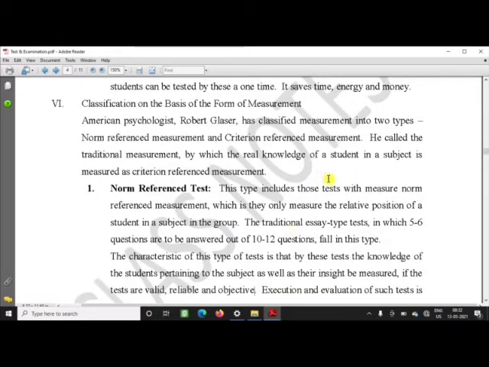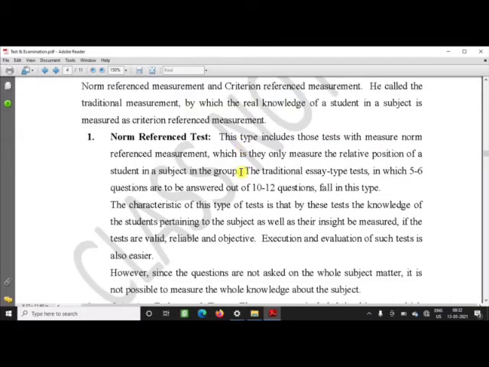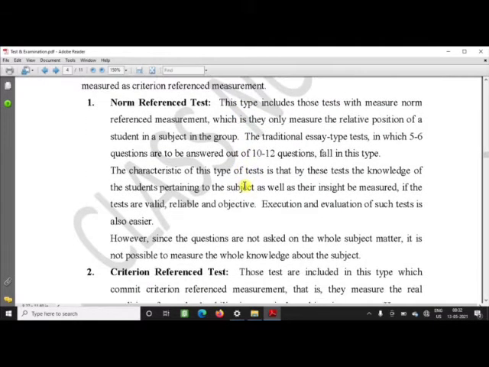So next we have classification based on measurement. Here we will be talking about norm reference test and criterion reference test. In a norm reference test, you can see that there are some norms given. When we're talking about norm reference tests, some norms are set already.